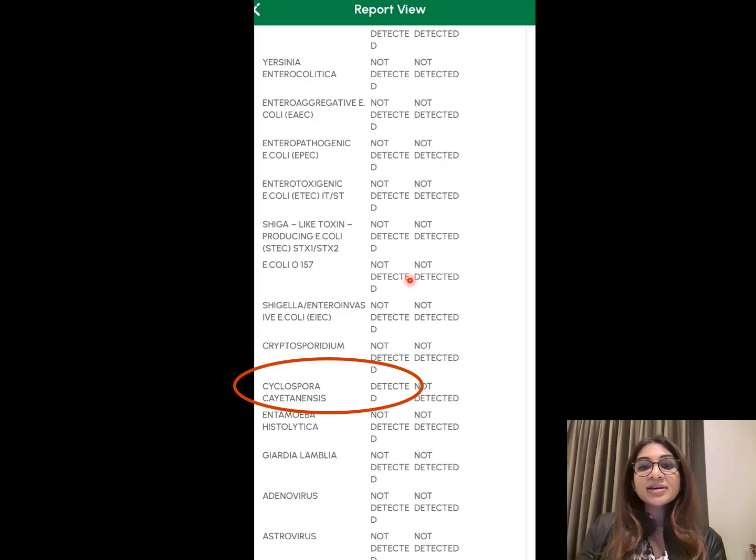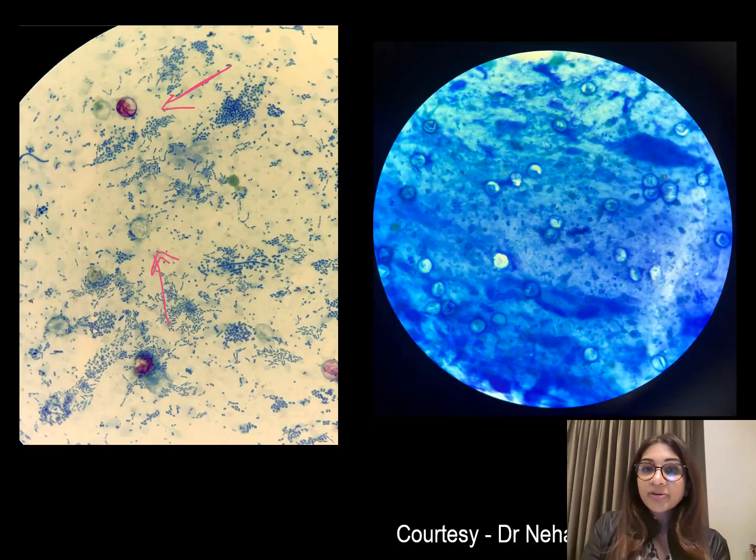This was Cyclospora cayetanensis. This was only possible because the GI panel detected it, and of course later on our expert microbiologist Dr. Neha Lal also identified it, and these were the AFB positive oocysts of Cyclospora which are seen here.